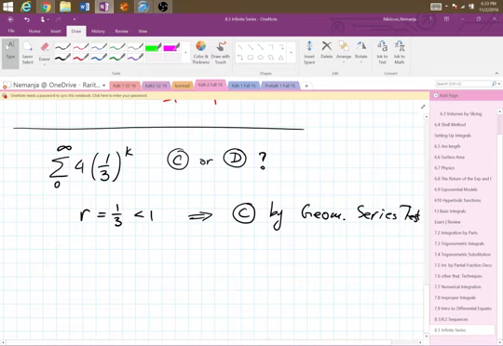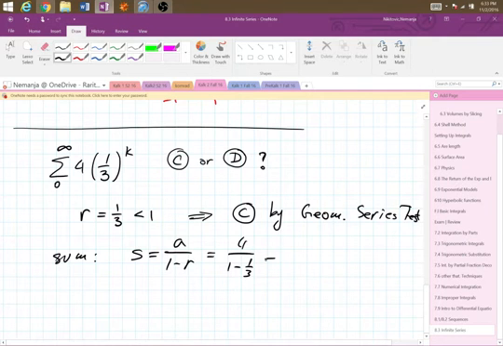And that number is computed in the formula a over 1 minus r. So now we can compute the sum. S equals a over 1 minus r, which is 4 over 1 minus 1/3, which is 4 over 2/3, which is 12 over 2, which is 6. If I did this arithmetic correctly, all of the infinity of terms here will add to 6.